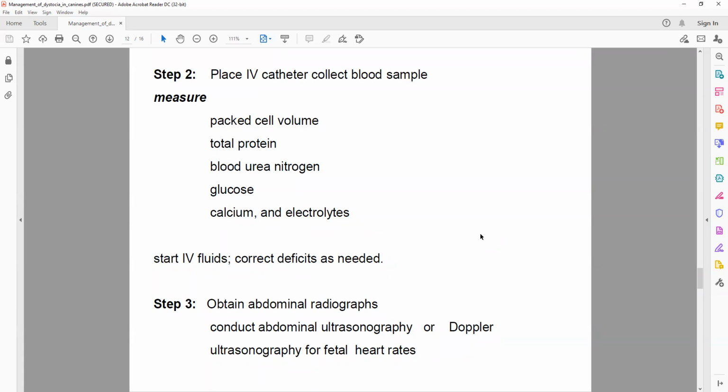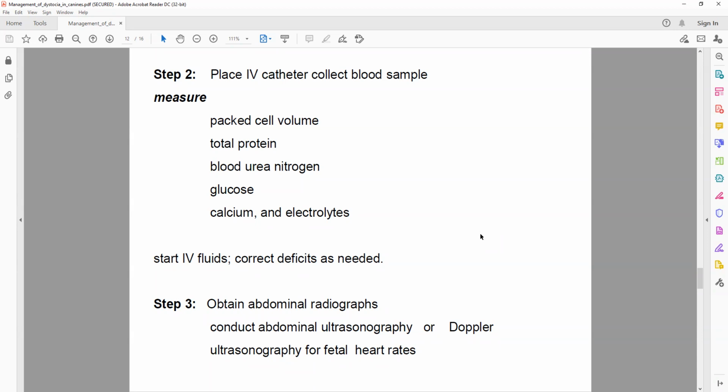You send it to the laboratory for PCV and hematological examination. It is up to you what kind of hematological examination you want to carry out, but you have to ascertain the hydration level. Packed cell volume is a must.